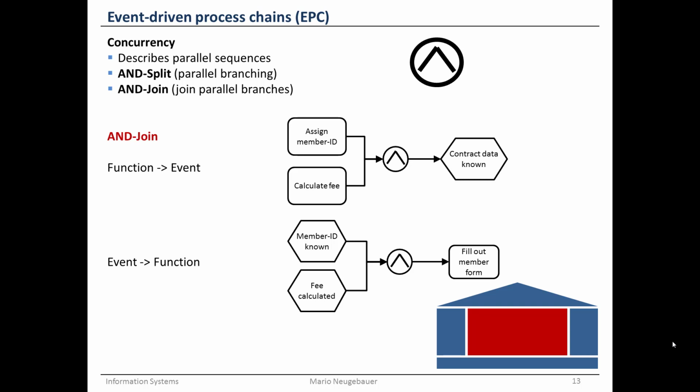But anyway, it's an event here which is reached before your AND join, and then your AND join aggregates these two sequences to one sequence together. So you perform the function fill out member form after you reached these two events.